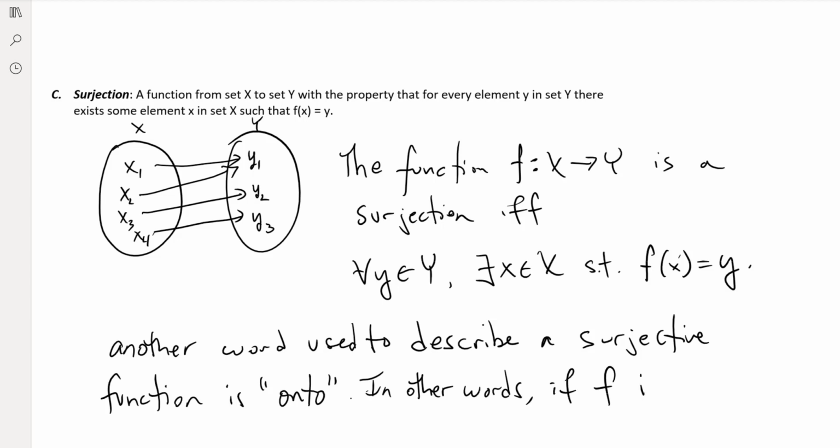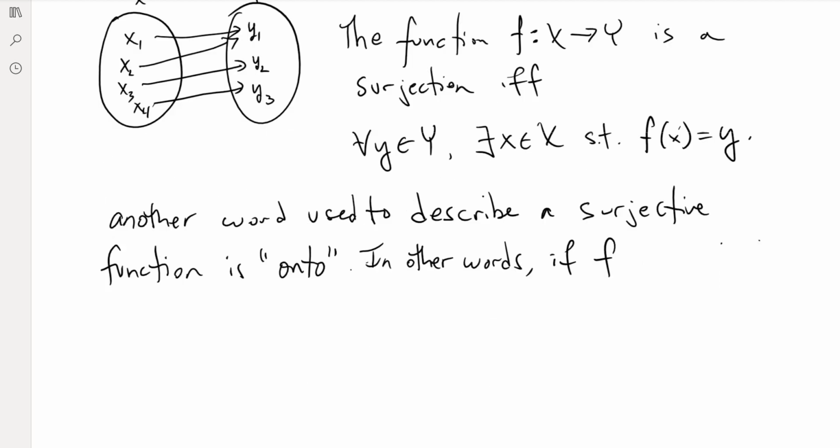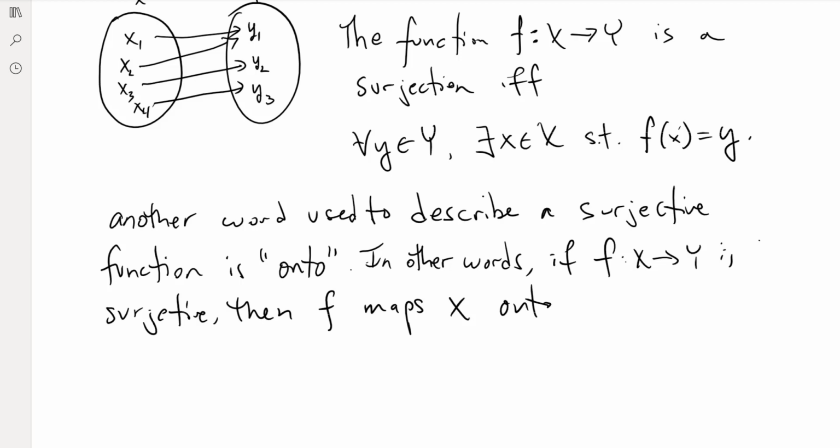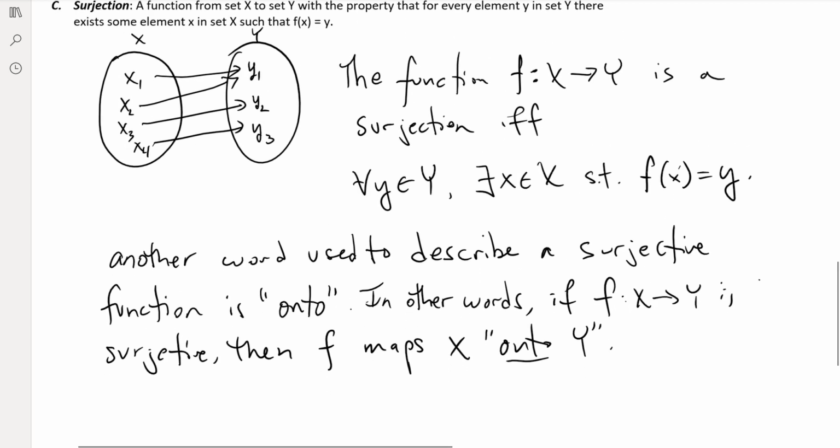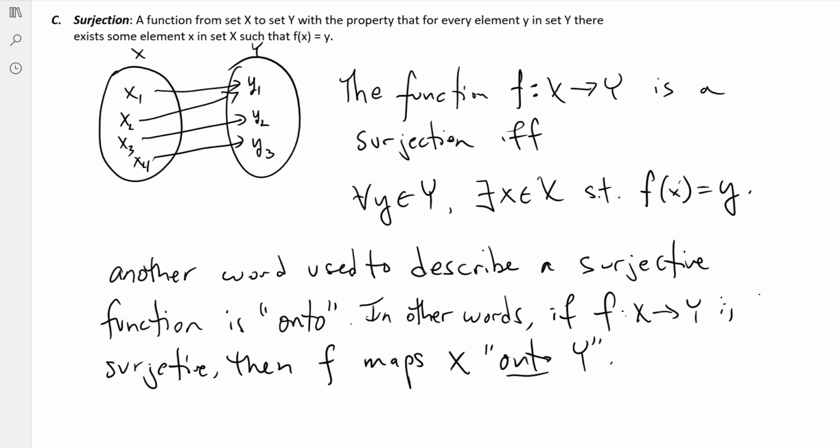In other words, if f from X to Y is surjective, then f maps X onto Y. So "the function is onto" is another kind of shorthand phrase that people would use. They could say f is a surjection, or they might say f is onto. It has the property of being onto.